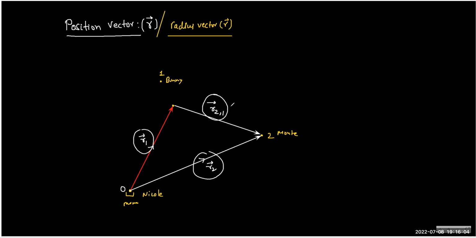So the position is nothing but the origin. Like if you want to locate something, you need to specify the origin, and then you can draw a line which joins the destination. So let's say if I ask a small kid, where is moon? A really bad question, but okay, you can ask.